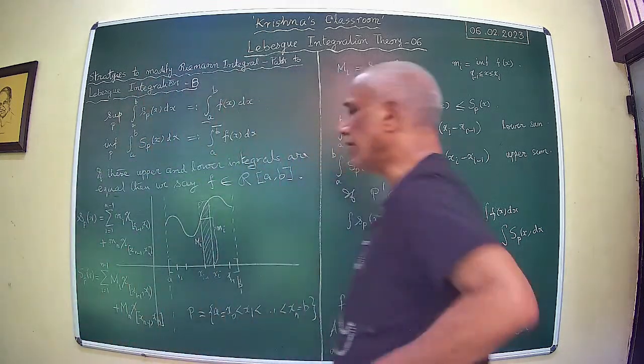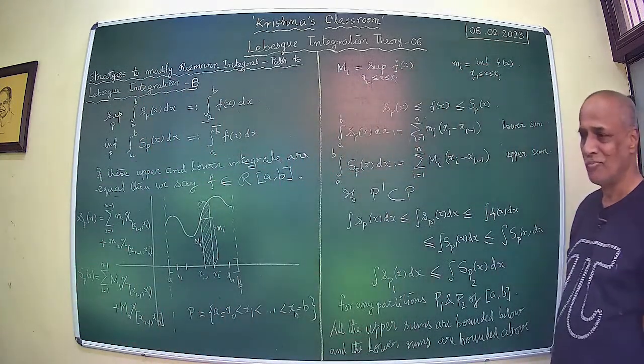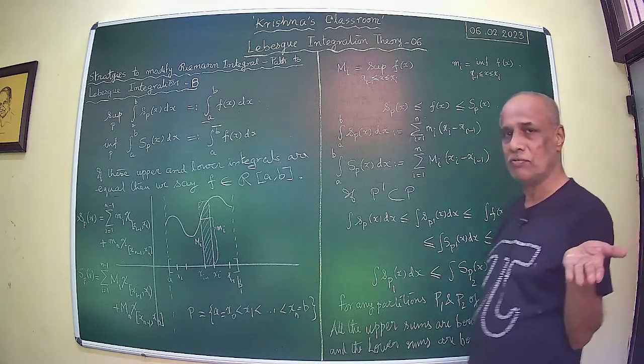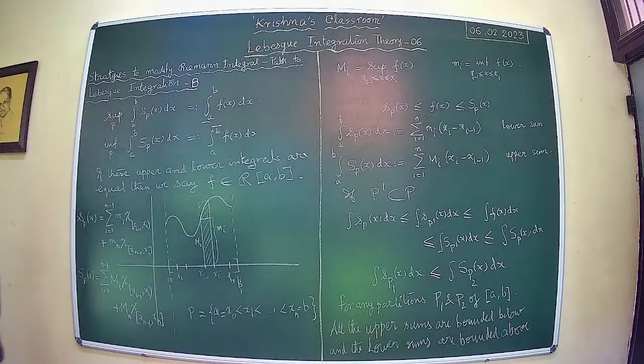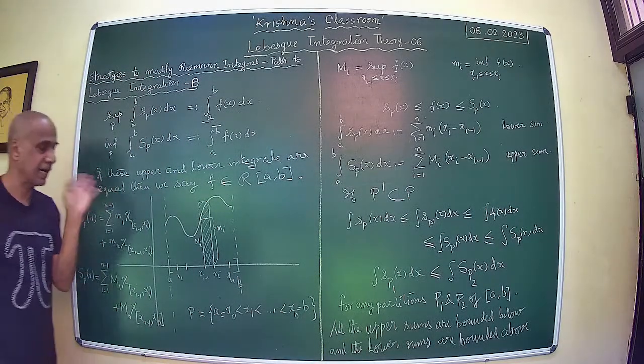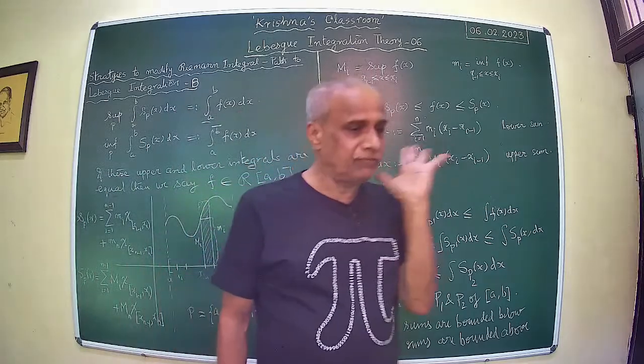Okay, so we were approximating by a sequence of step functions. This is the important part. This small s_P and capital S_P are step functions.